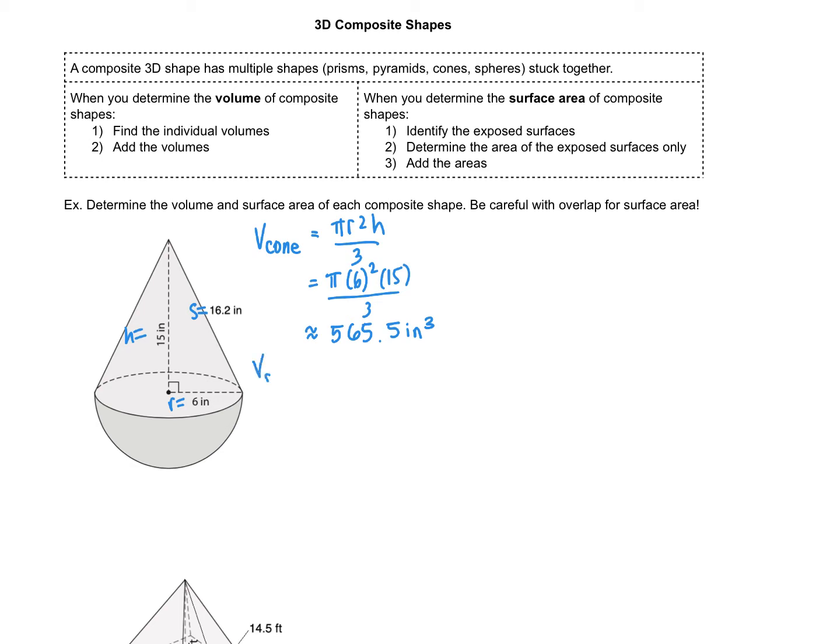So volume of the sphere. The volume of a regular sphere is 4 pi r cubed divided by 3, but because it's only half of that shape, we're going to divide that answer by 2 at the end. So the radius is actually a shared dimension between the cone and the sphere, so it is 6 again.